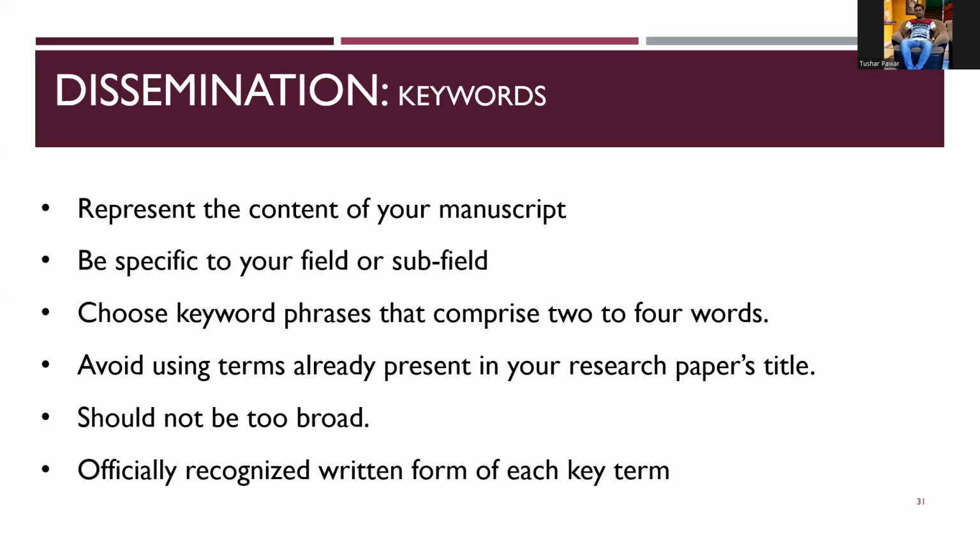So use keywords which are not in the title. You can use similar words or phrases for the important work that you have carried out, but do not make them too lengthy.